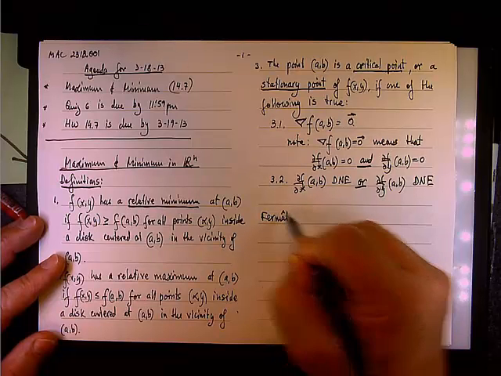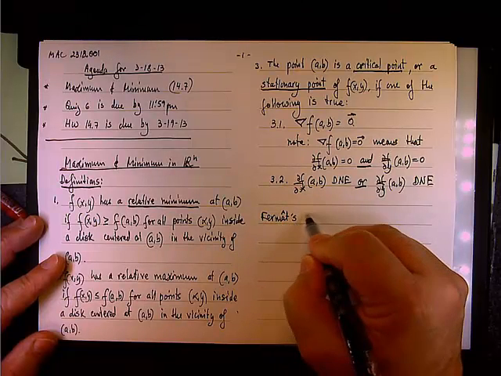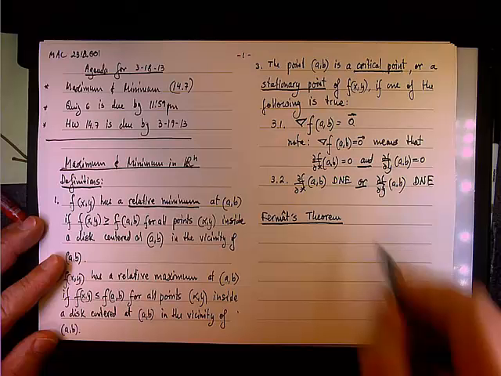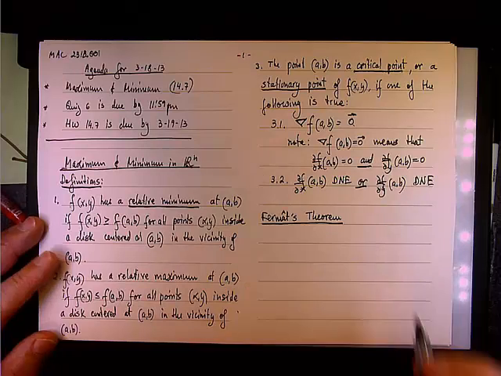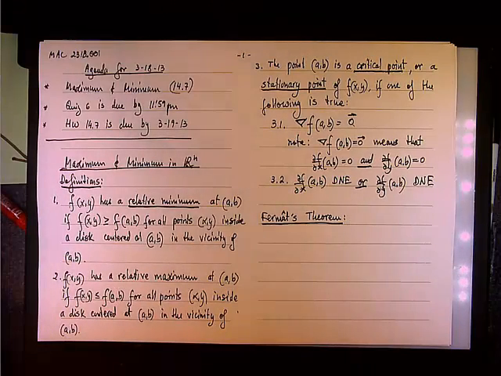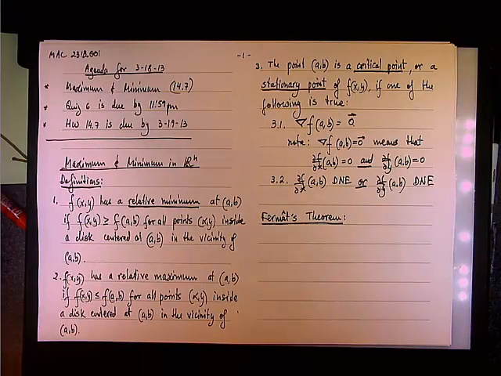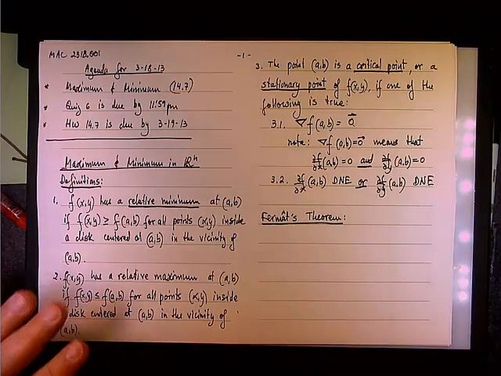And to complete this initial approach to minimum maximum, if you recall Fermat's theorem in single variable, well, Fermat did not use the term critical point. This came later. Fermat mentioned the derivative equals 0. If we do have a local extrema, a local minimum or maximum, then in a single variable the derivative is at a critical point. We will have a local extrema at a critical point. Well, the same happens here.